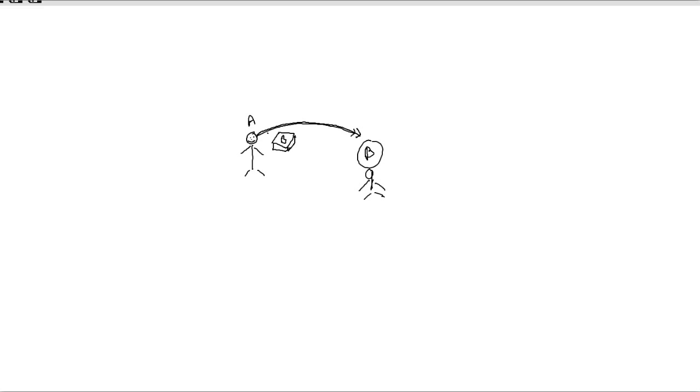A is making a promise that I will give this book to you. And on the other hand, B is also promising to pay 100 rupees to A in return, in consideration.